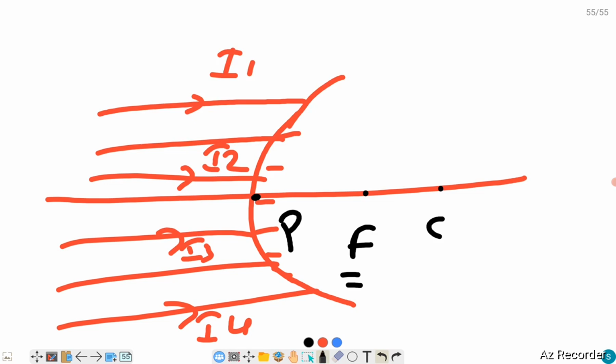So through the center only. Okay. There won't be any change. I'm just drawing here. Let me draw for 3. Then how will the reflected ray be?